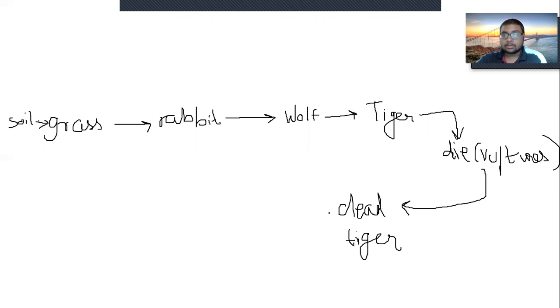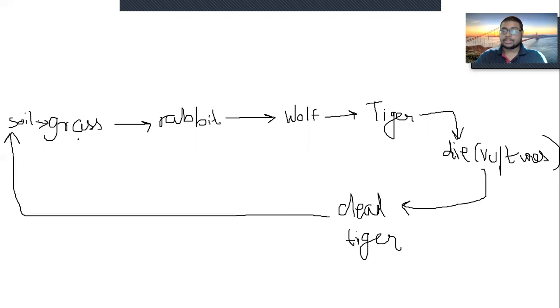And what will happen after eating this dead tiger? There will be the bones left. Now those bones will be in the soil only, and they will enrich the soil with nutrients. So this is the food chain that goes on and on and on.